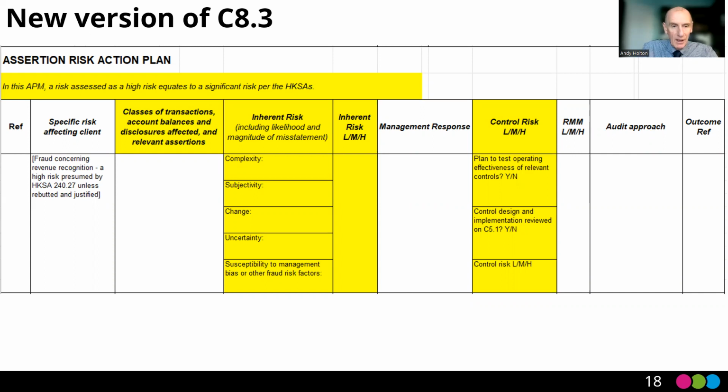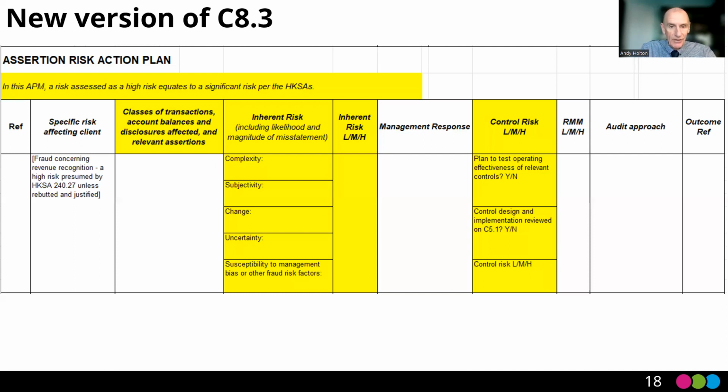So we're talking about classes of transactions and account balances and disclosures, just to make it much clearer what the risk affects. But then probably the most important change is firstly a split between inherent risk and control risk. So we need to consider those separately.